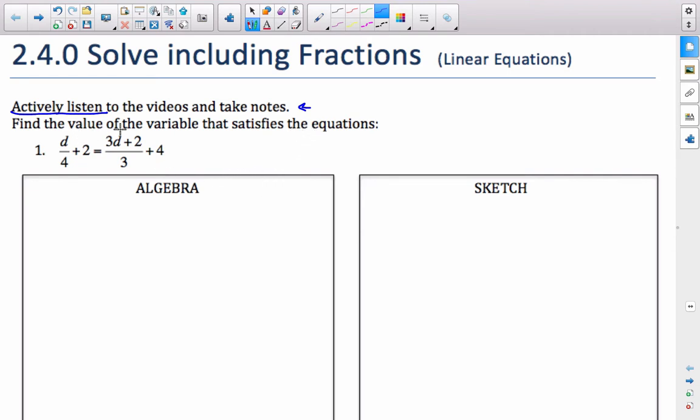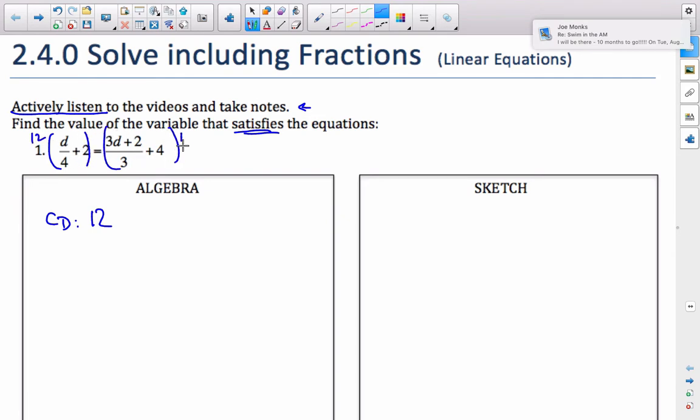We're going to find the value of the variable that satisfies the equation. What we've just done in the previous videos, we talked about the first step in these scenarios is getting the common denominator. And the common denominator here is quite straightforward because I've got a 4 and a 3. It's going to be 12. And then the next thing that we did in that previous video, if you remember, is we multiply both sides of the equation by 12.